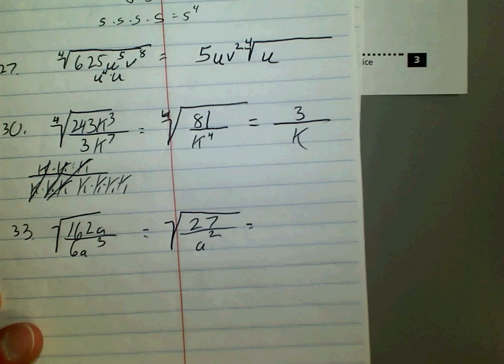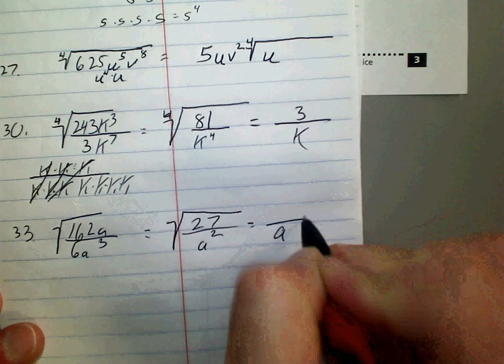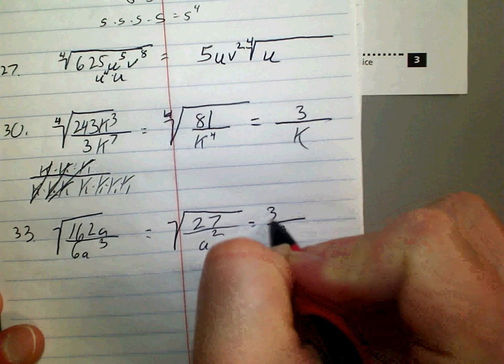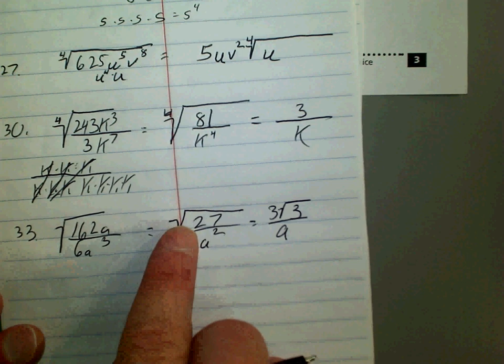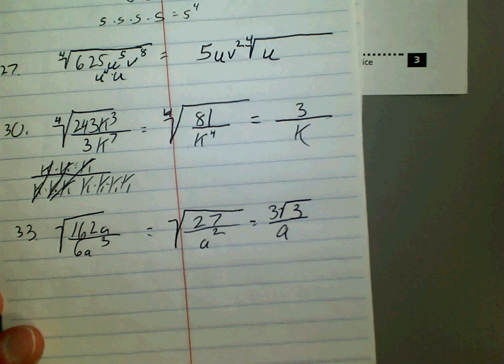It goes away. What is it? What would be the square root of a squared? What's your numerator? Which can be simplified. 3. Oh, very good, Easton. 3 roots of 3. Because 27 is 9 times 3. Good job. Way to show off some math skill right there, students.